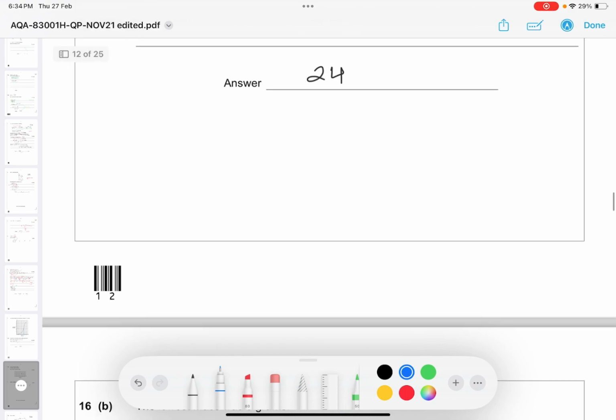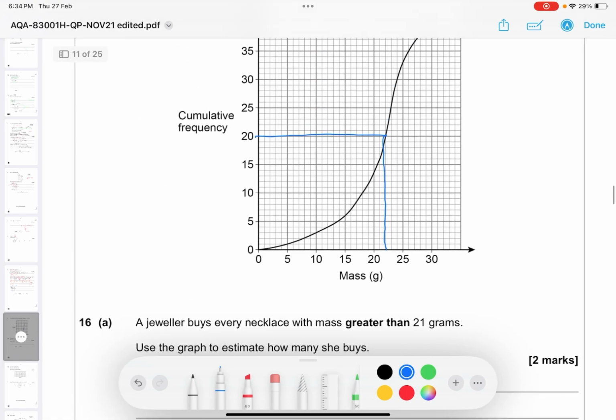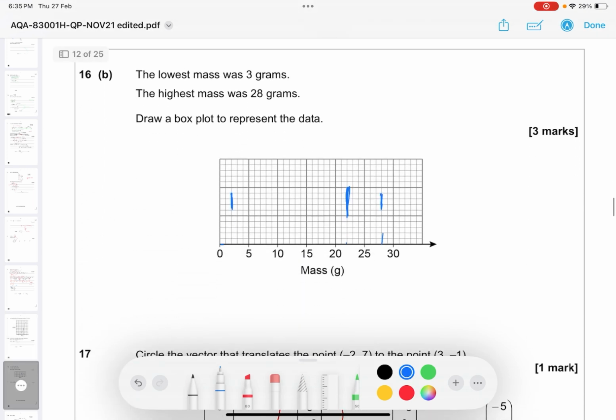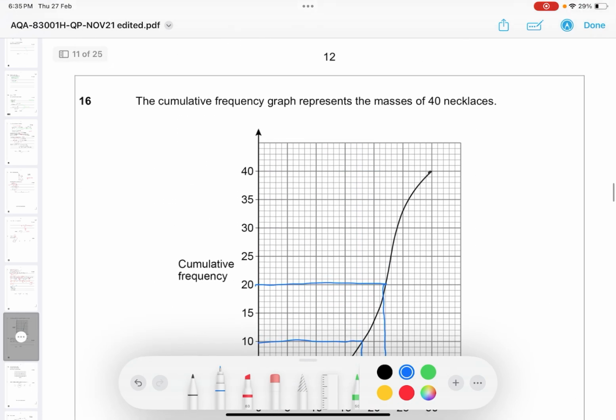All right, let us find the lower quartile and upper quartile. Lower quartile would be at 10. That is 16, 17 and 18. So 18 is our lower quartile. That is somewhat here. And what is our upper quartile? Upper quartile will be at 30.